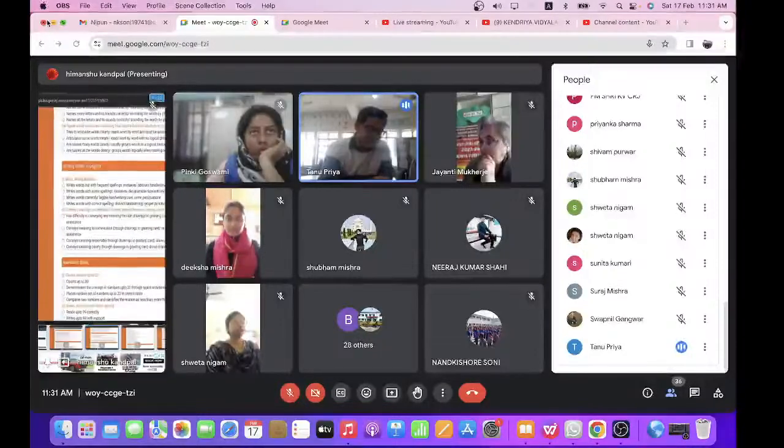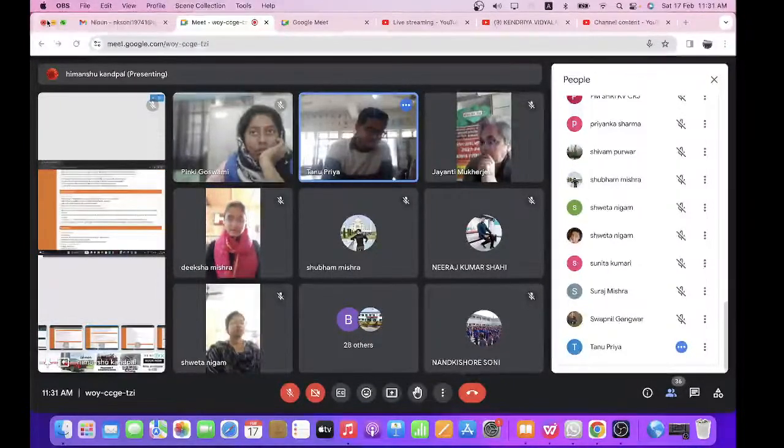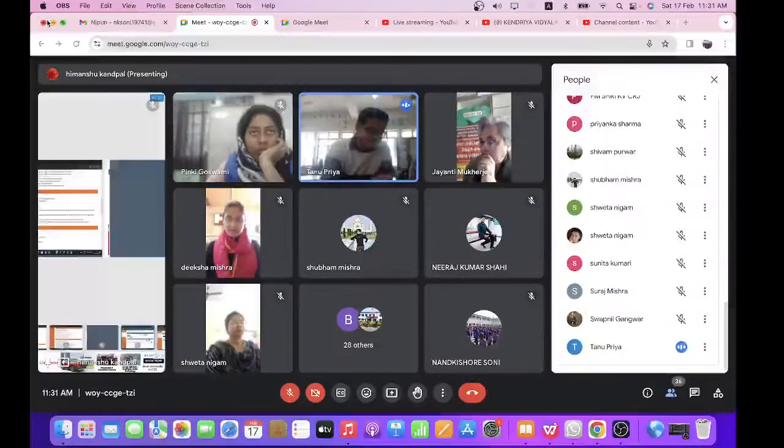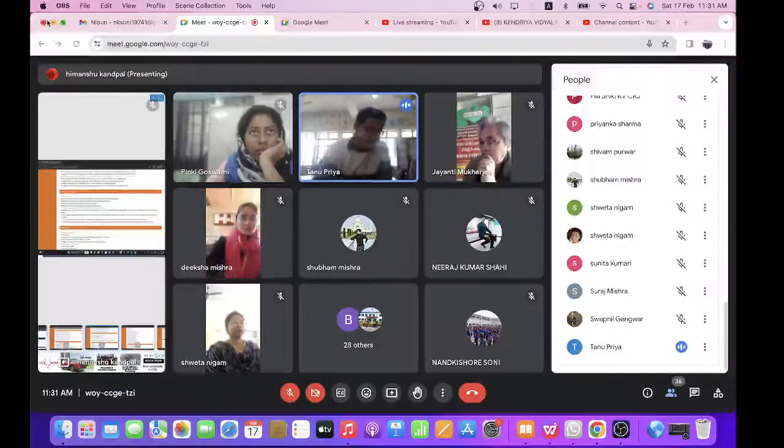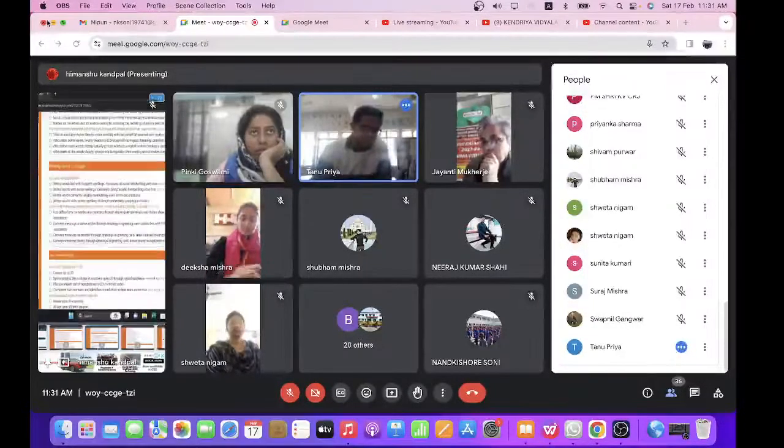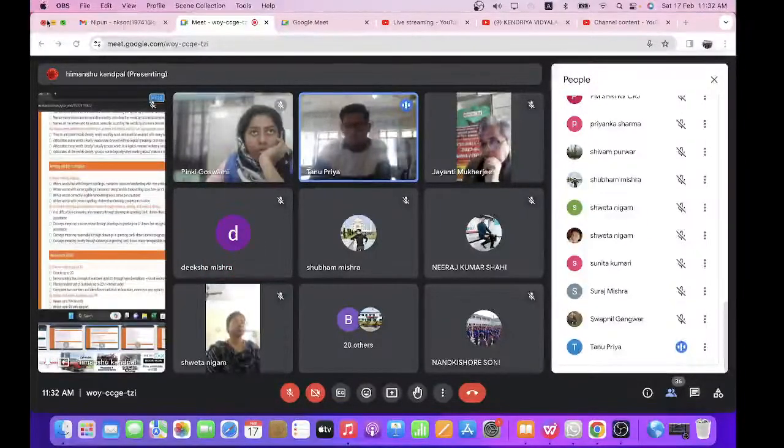We have these points. After that we have the numeracy skill, in which we have to assess basic counting of objects up to 20. Is he or she able to count up to 20 correctly? Does the child know counting properly? On this basis we will count and assess the child.